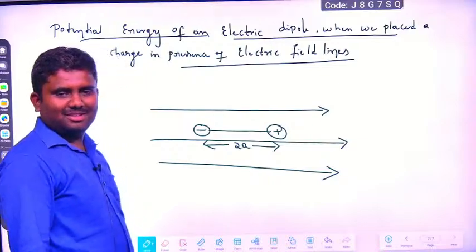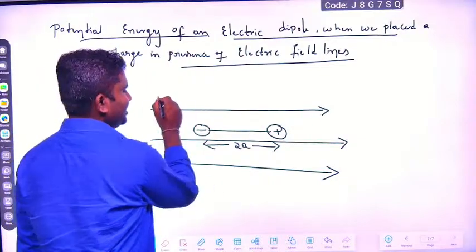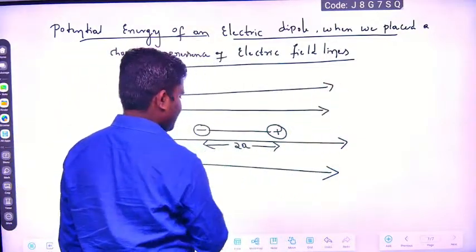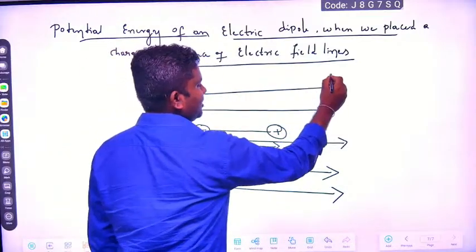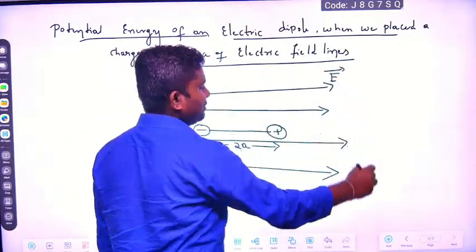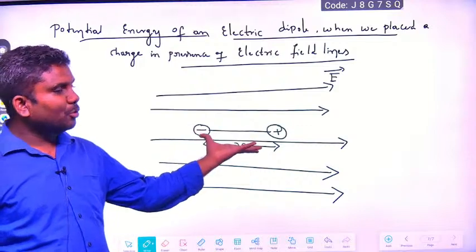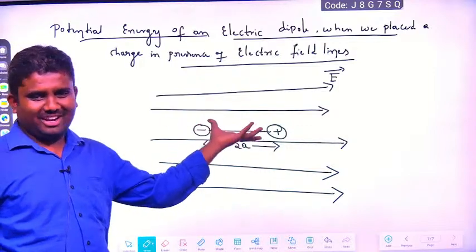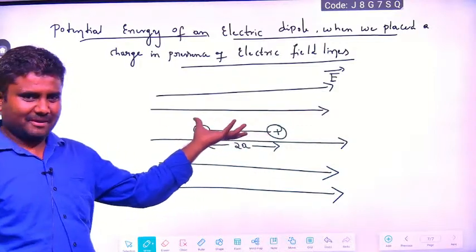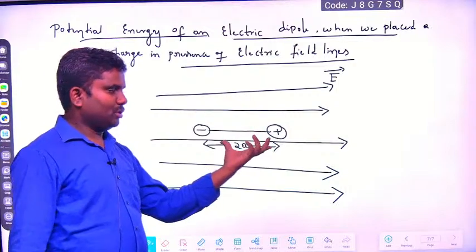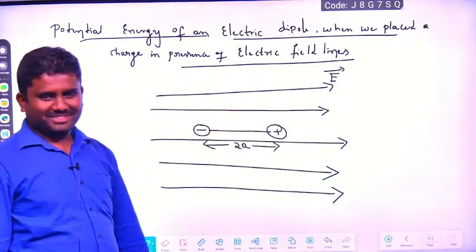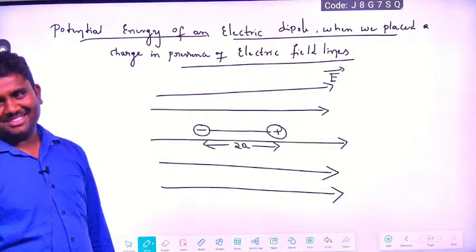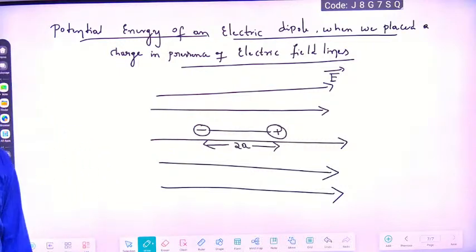See, in which direction are the electric field lines going? Left to right. So these electric field lines are passing, and I am placing a dipole in the middle of the field lines. Understood? Whenever I place a dipole, what happens now? Will the dipole be affected? Why?